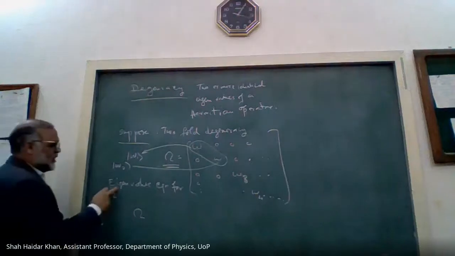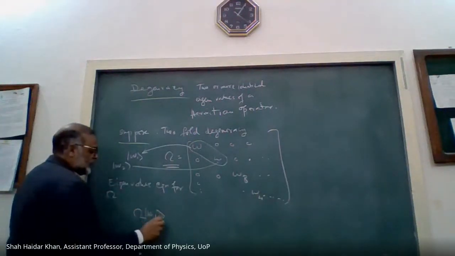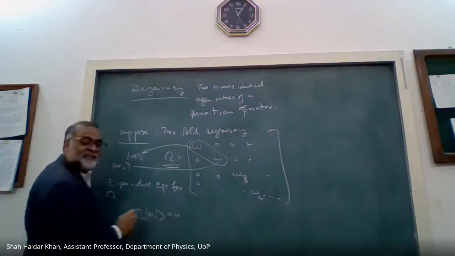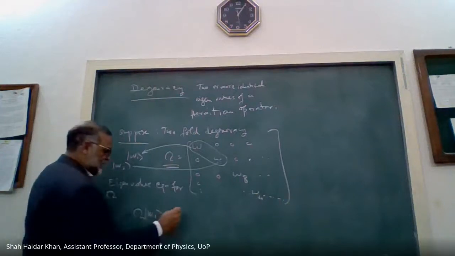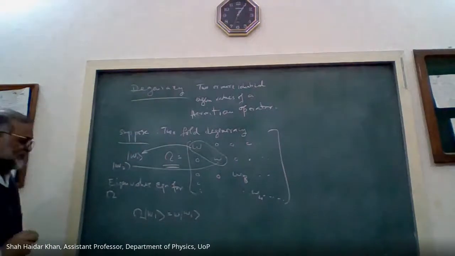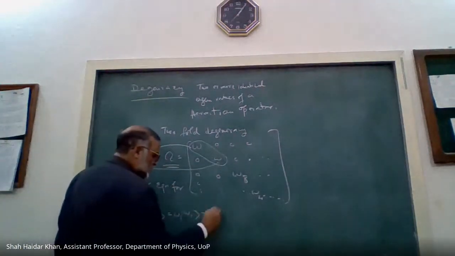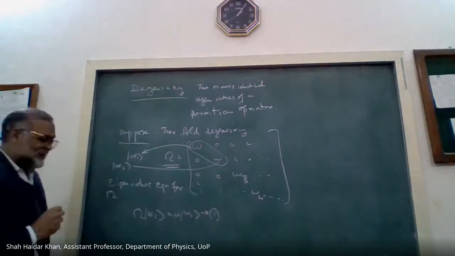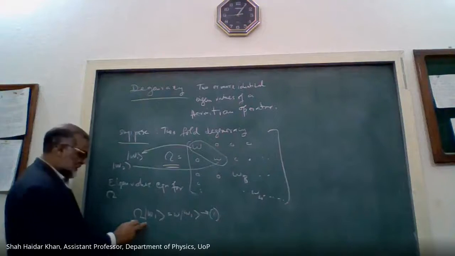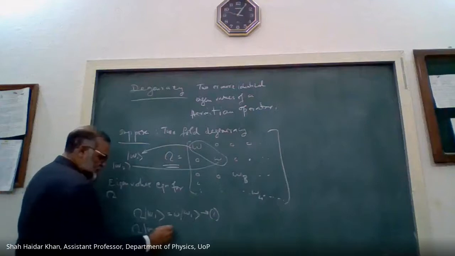The eigenvalue equation can be written like this. If omega acts on omega 1, it gives us the eigenvalue omega and back the vector omega 1. This will carry equation number 1. Also, for the omega 2 vector, we get the same eigenvalue.